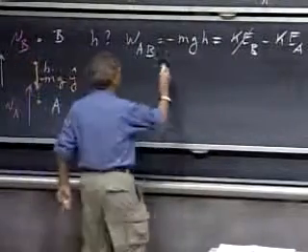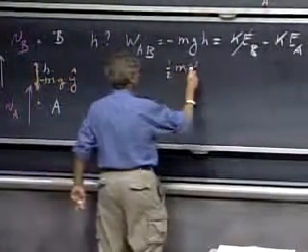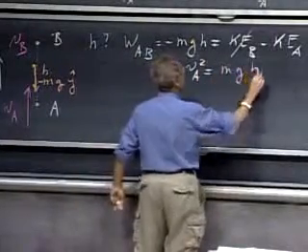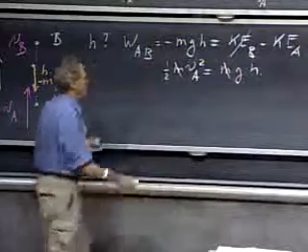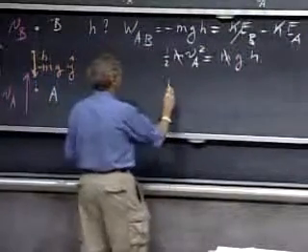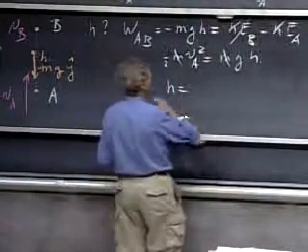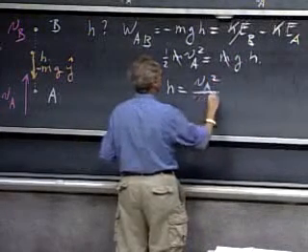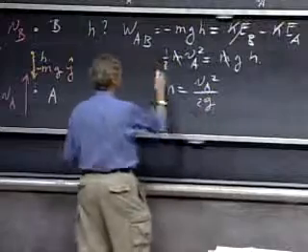And so you find that 1/2 m VA squared equals mgh. m cancels, and so you'll find that the height that you reach equals VA squared divided by 2g.